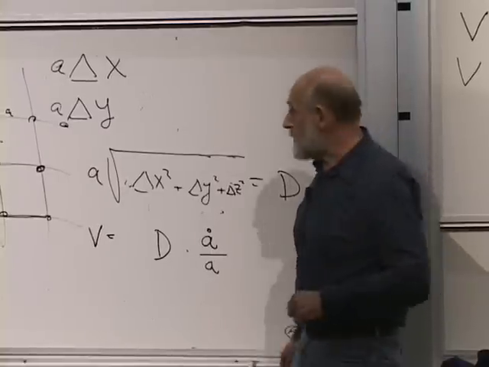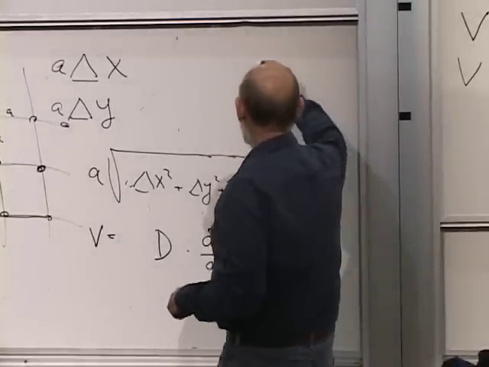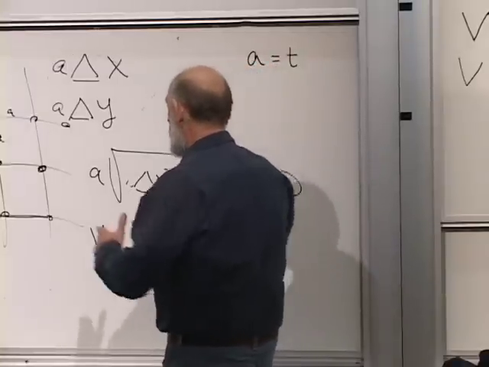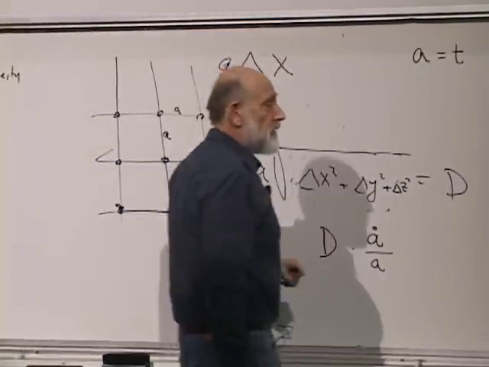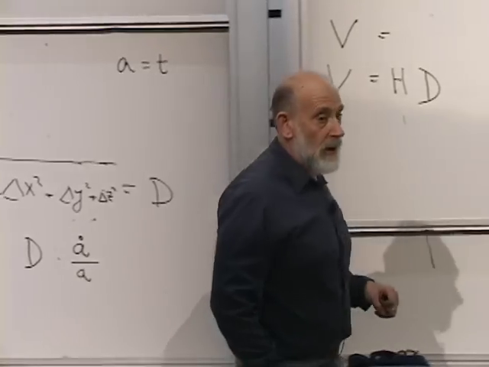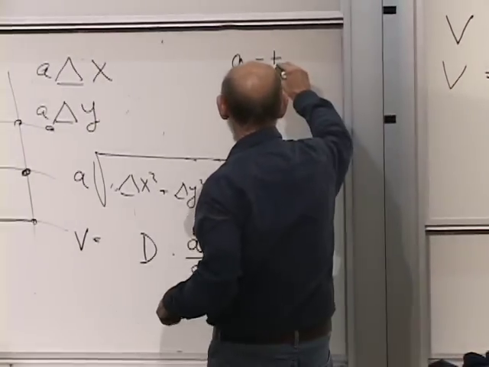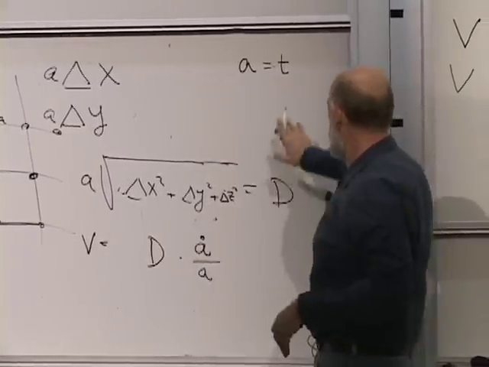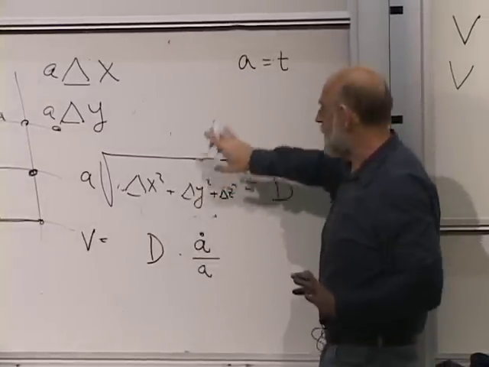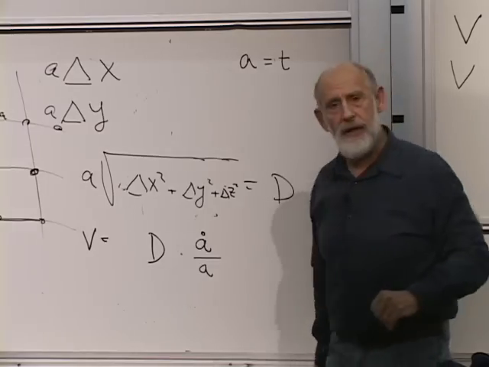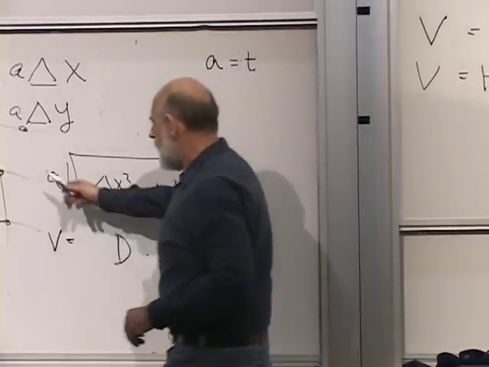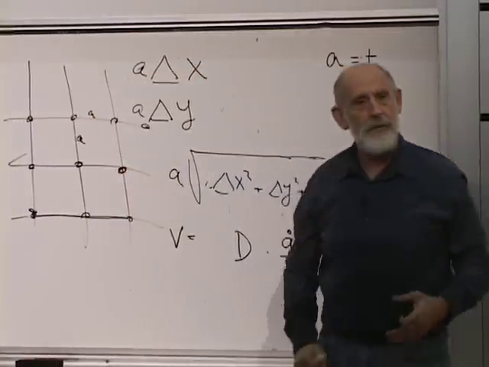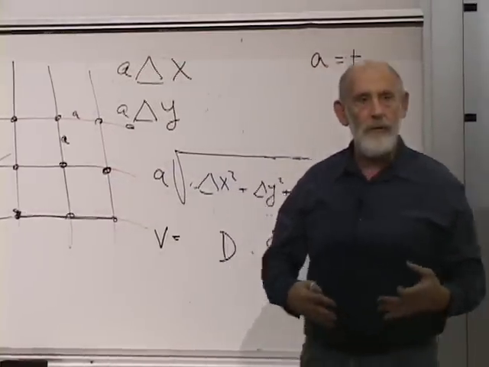For example, let's take a simple possibility. Supposing a was simply proportional to time. The distance between two neighboring galaxies is just increasing with time, with some particular velocity. A was proportional to t. That's just each link in this lattice of galaxies increasing linearly with time.